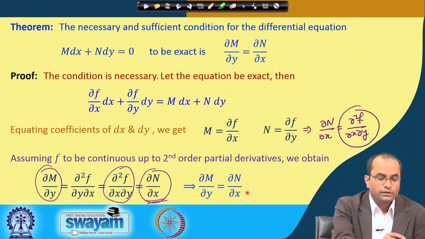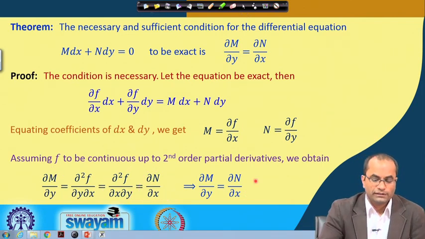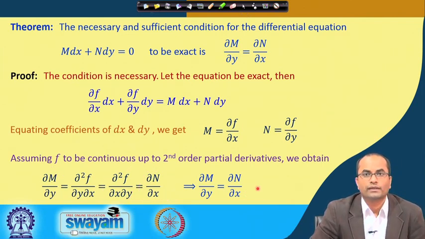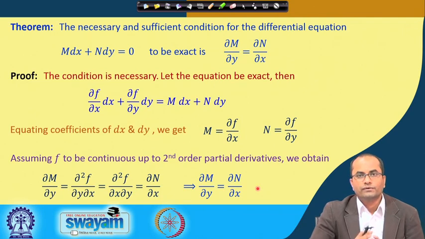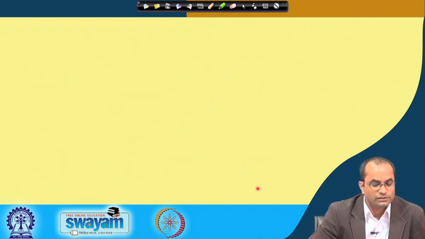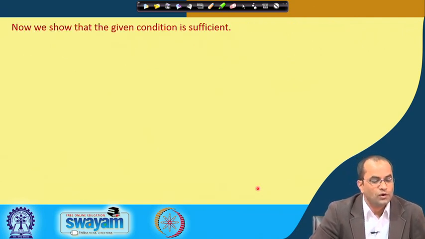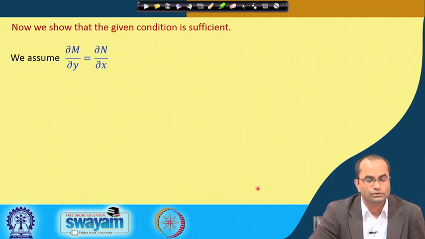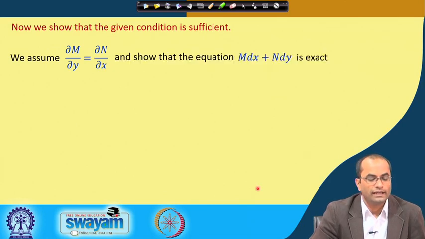And now we will look at it the other way around: if this condition holds, then we will show that the equation is exact, and that will complete the proof of this necessary and sufficient condition. So, we now take the condition as sufficient, meaning we assume this condition holds, and then we will show that M dx + N dy is exact.